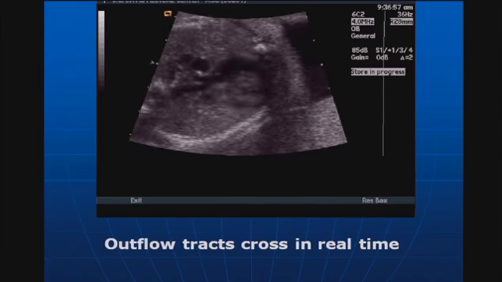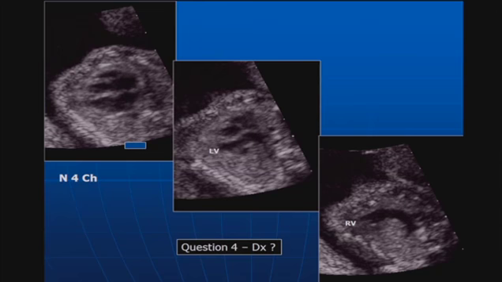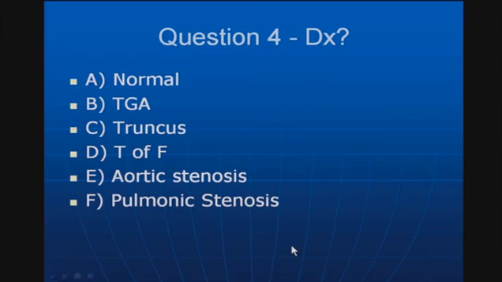Now, this is a recommendation on examination of the second trimester fetus. Take this example in which only static images are obtained. There was a normal 4-chamber, LVOT, RVOT, doesn't look too bad in reality. So is this in fact normal, or is something going on here?